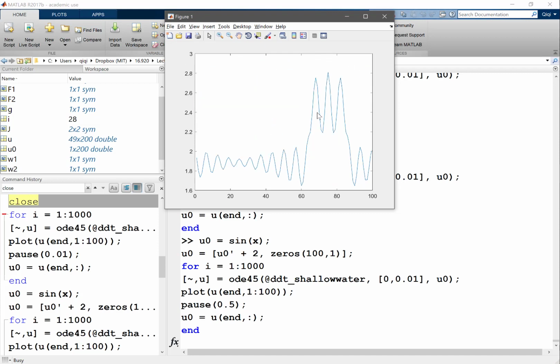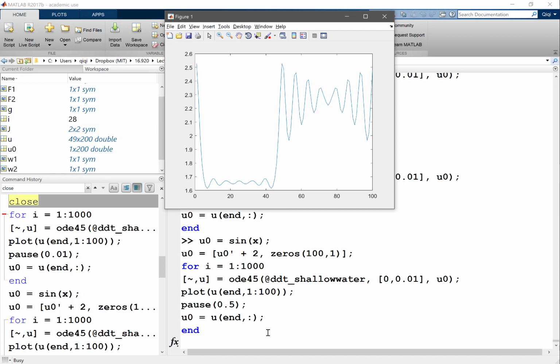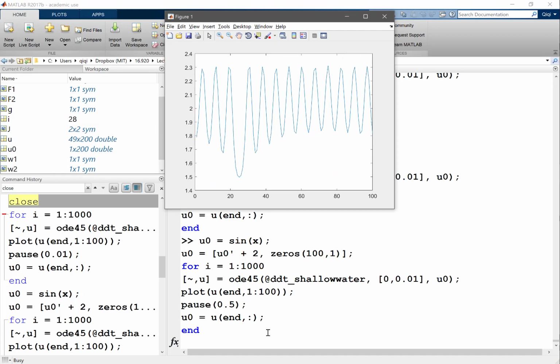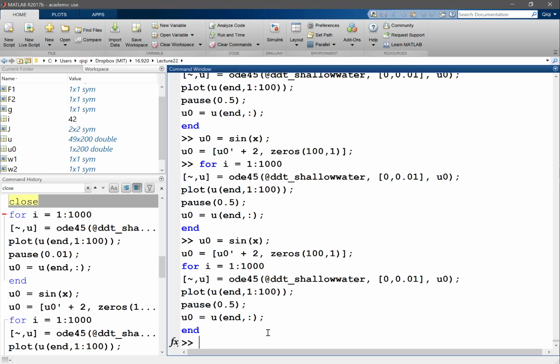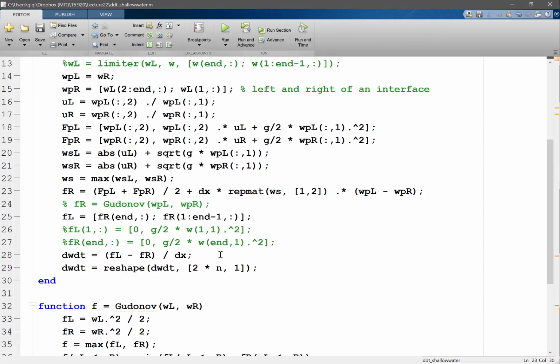It just seems a lot of dispersion error is creeping up without ever dissipating. So let's see.